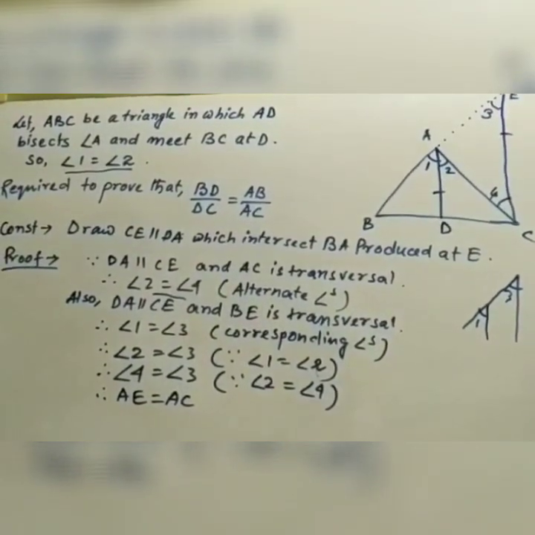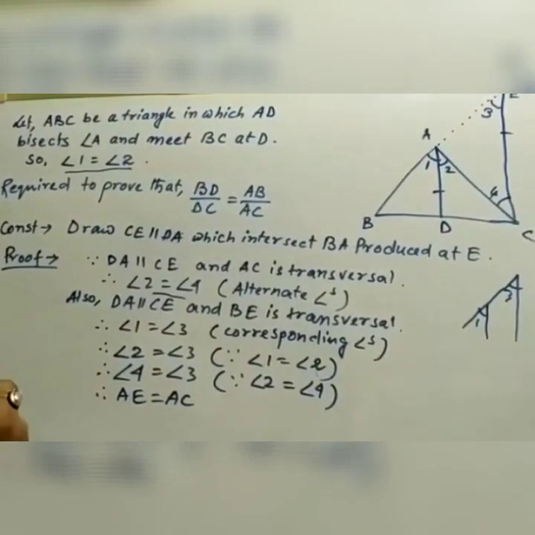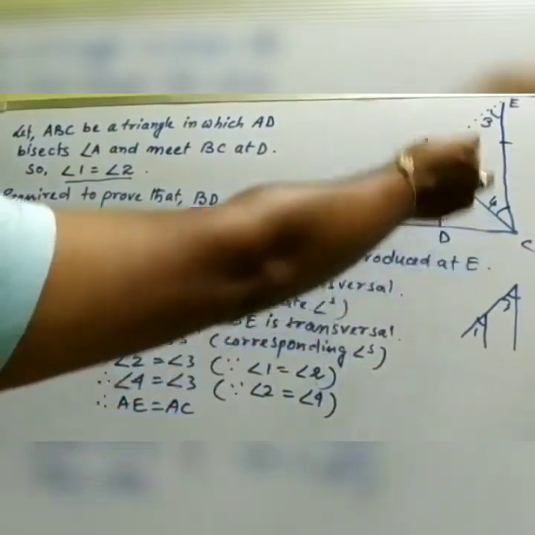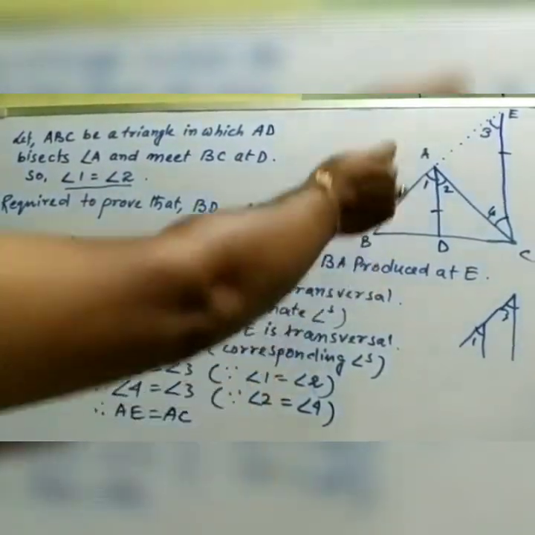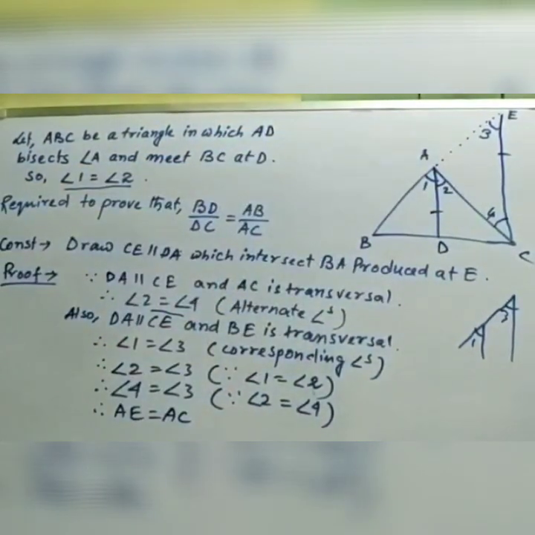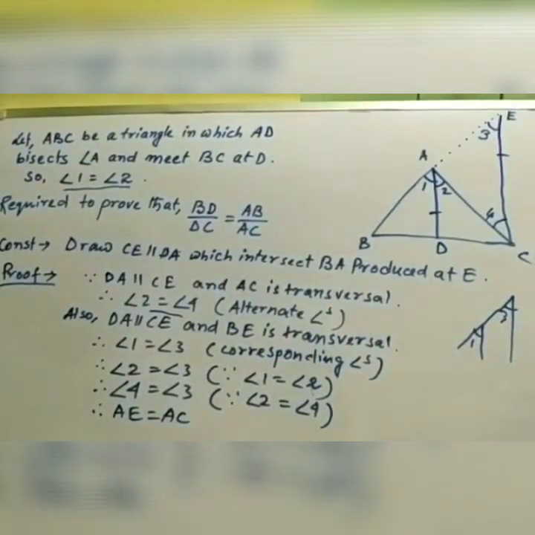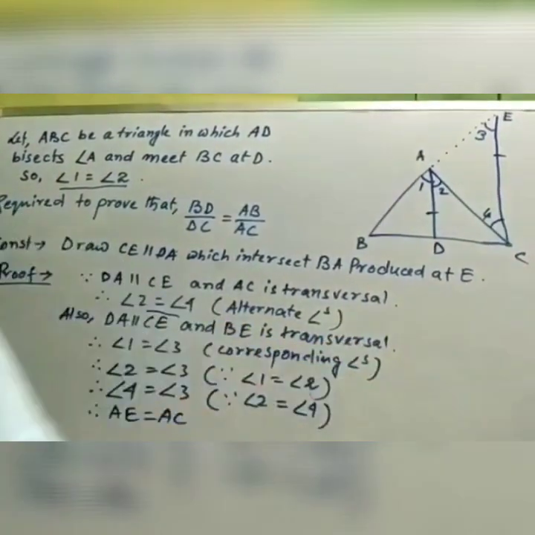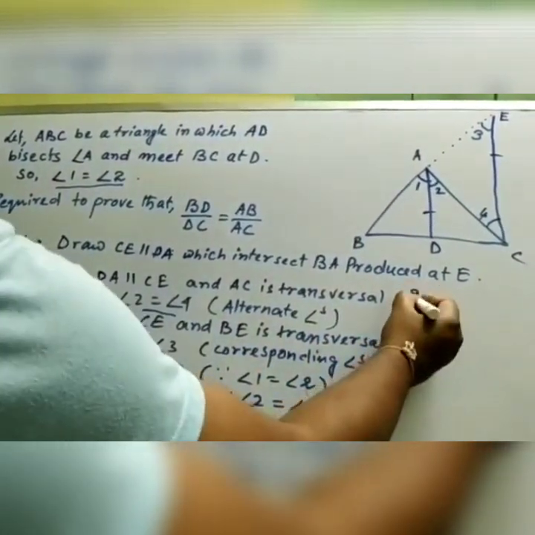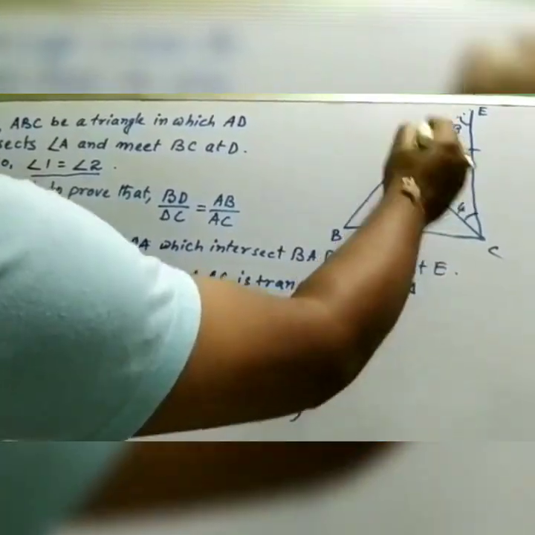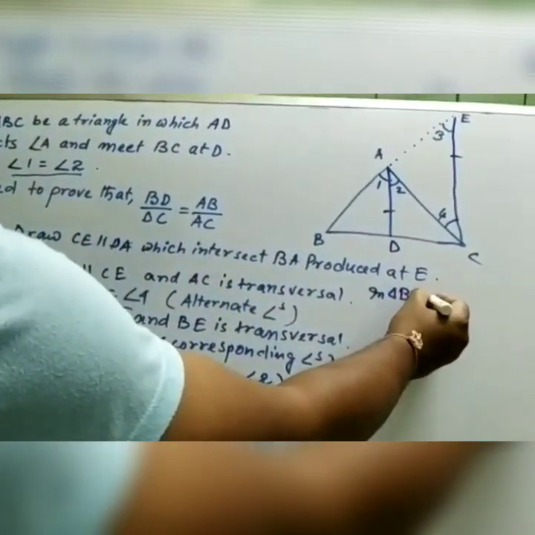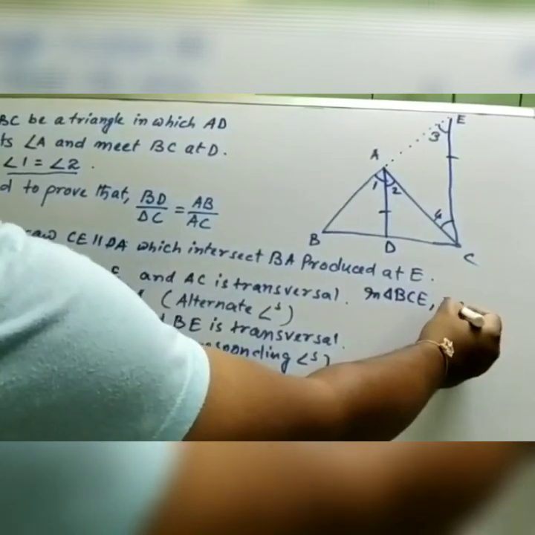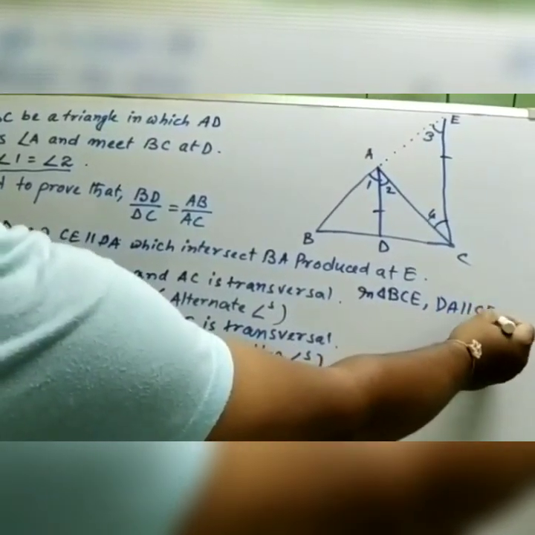Okay. Now in the big triangle BCE, you can see that DA and CE are parallel. So we can use BPT. So we are using BPT here. So let's see now. In triangle BCE, DA parallel CE.